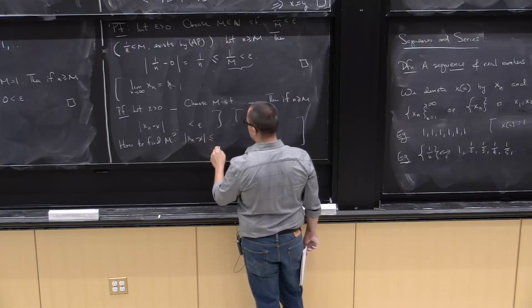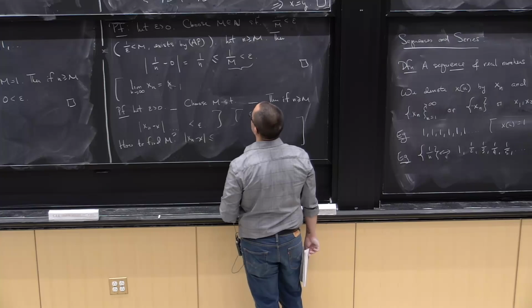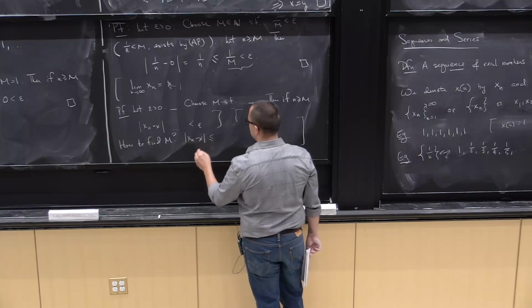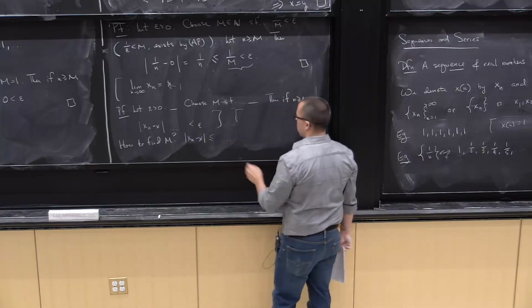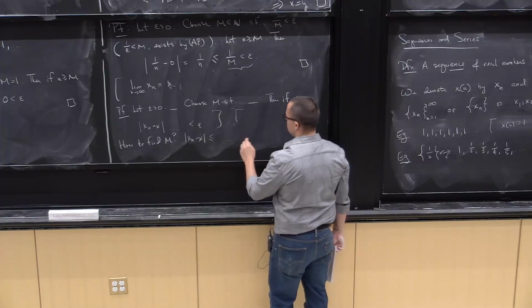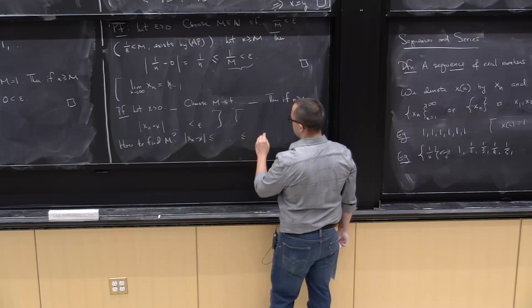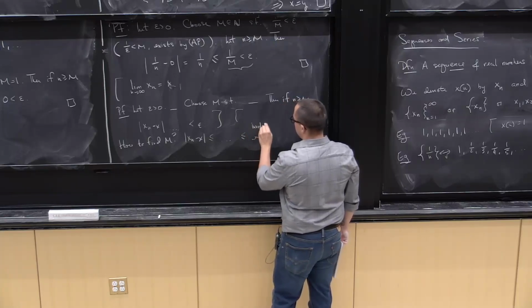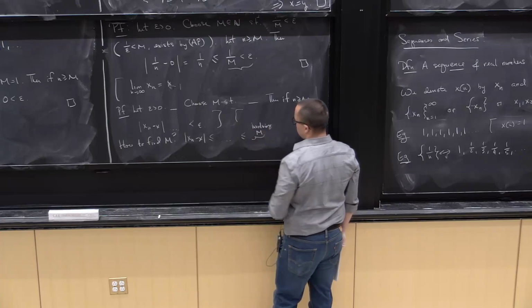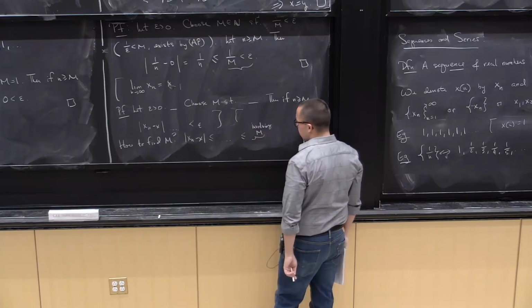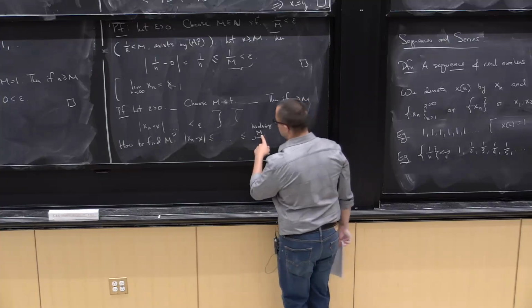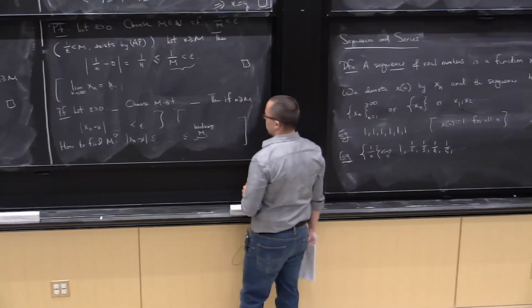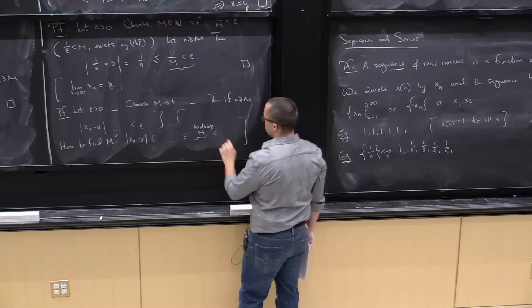Maybe you write it differently, or add and subtract something, or multiply by 1 in a fancy way. And you'll get some expression typically involving M. And as long as this expression involving M is simple enough, then you choose capital M so that this thing is less than epsilon.